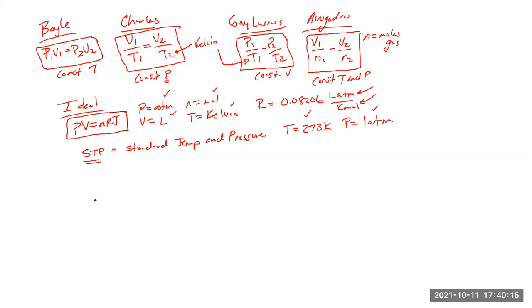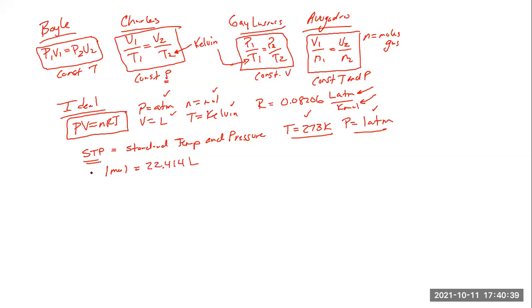There is a special relationship that we also talked about that occurs at STP conditions only. If you find yourself under these two conditions, and it has to be both, 1 mole of any ideal gas will have a volume of 22.414 liters.